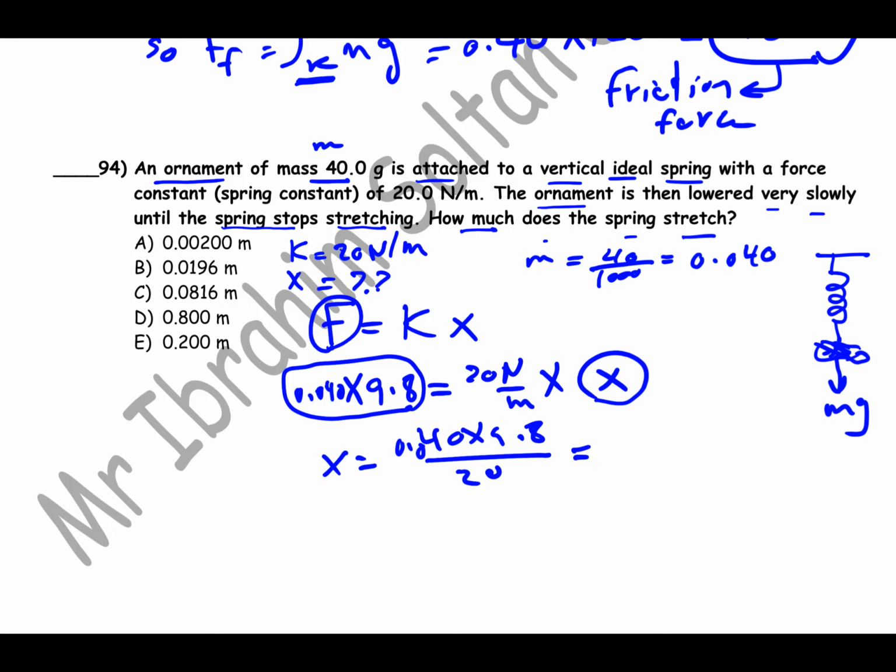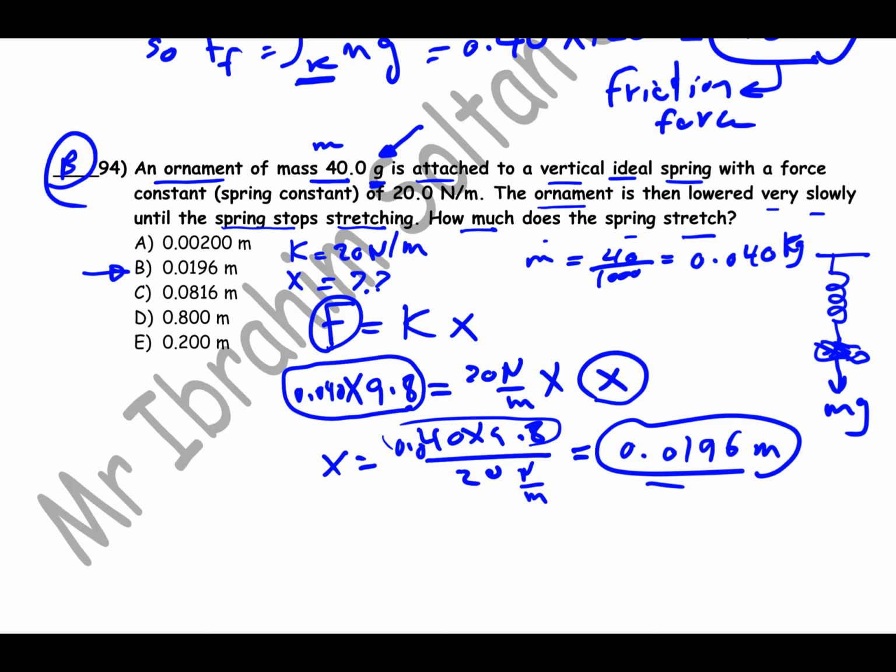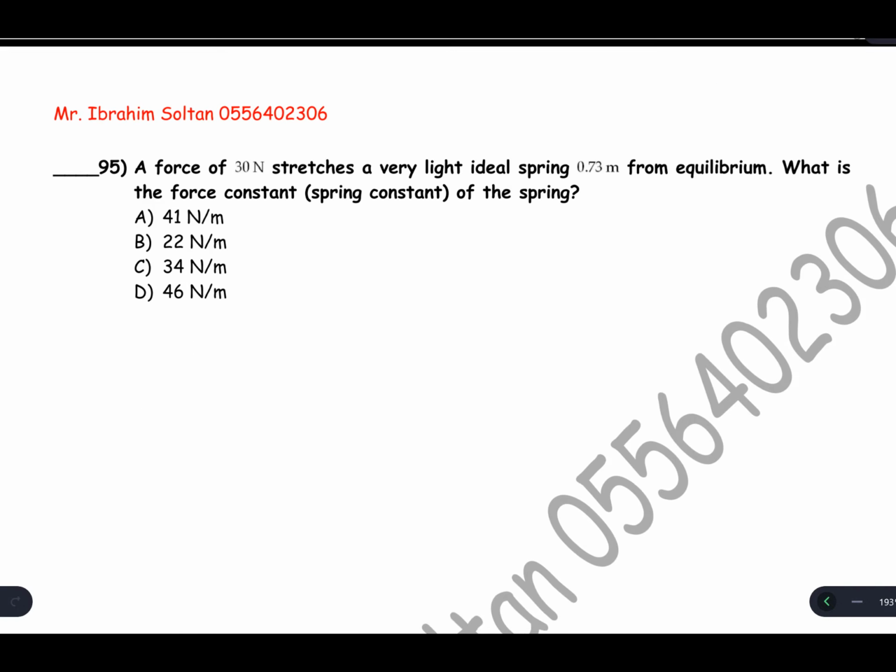Because it must be in kilogram, guys, the answer is 0.0196 meter, because here is in Newton and here Newton per meter, so the answer is meter. Do we have this answer? Yes, letter B. Take care, because the mass here is in gram, you need to convert it into kilograms. Let's go to the next.